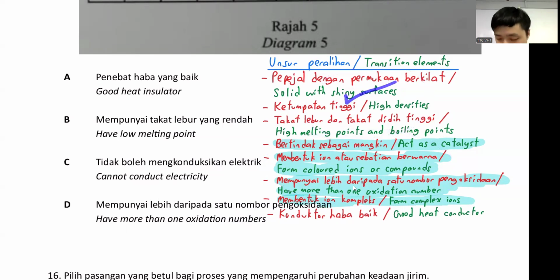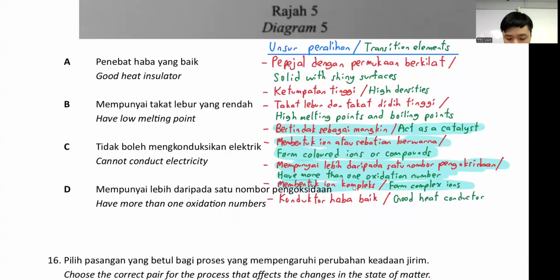Solid with shiny surface, high densities, high melting and boiling point, good heat conductor. So they ask which one is correct. Insulator, wrong, it is conductor. Low melting point, wrong, it is high. Cannot conduct electricity, wrong, can.